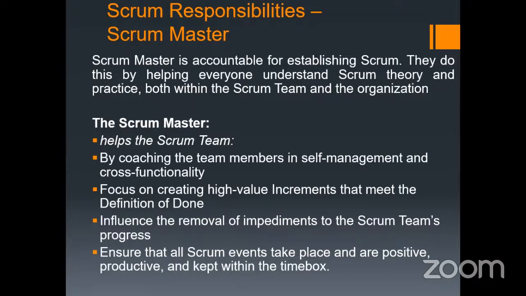The Scrum Master will help the team members to self-manage, to be cross-functional, and to create high-value increments, and if there are impediments or obstacles in the Scrum team's progress, removing those obstacles is also the task of the Scrum Master.